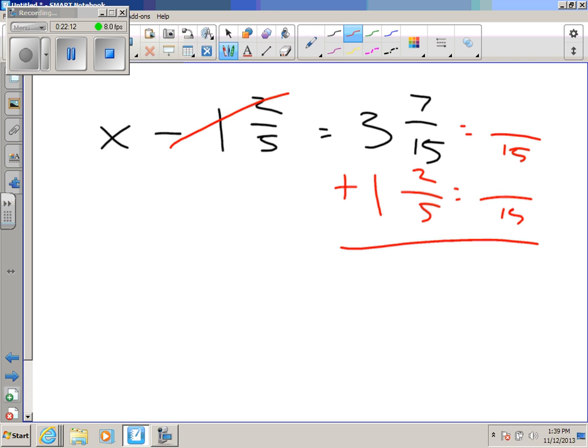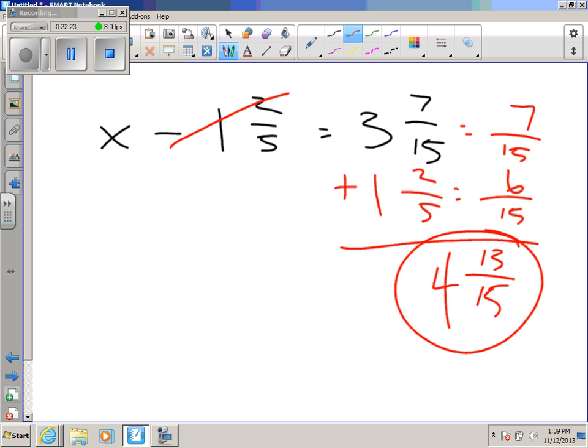We'll use 15 times 3 is 6. Add 7 and 6. 13/15. 4 and 13/15. 4 minus 1, does it give us somewhere around 3? Can we plug it back in? Sure.